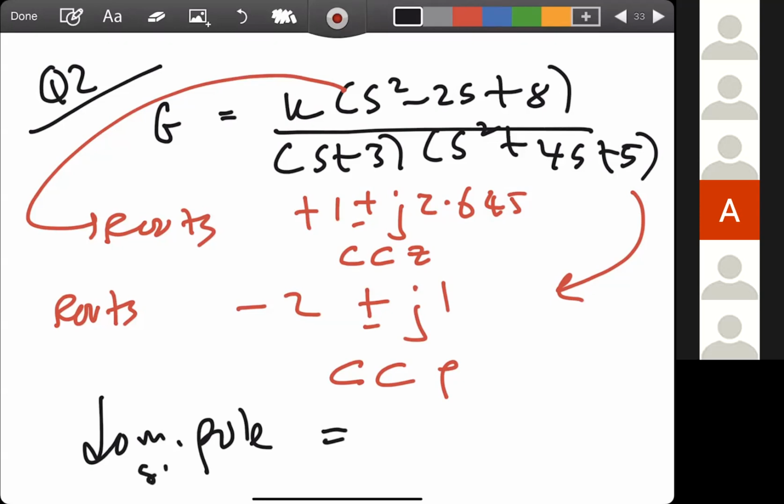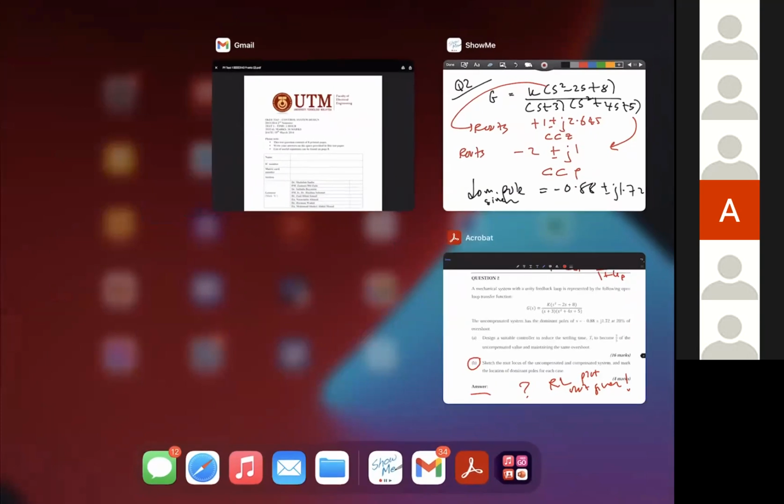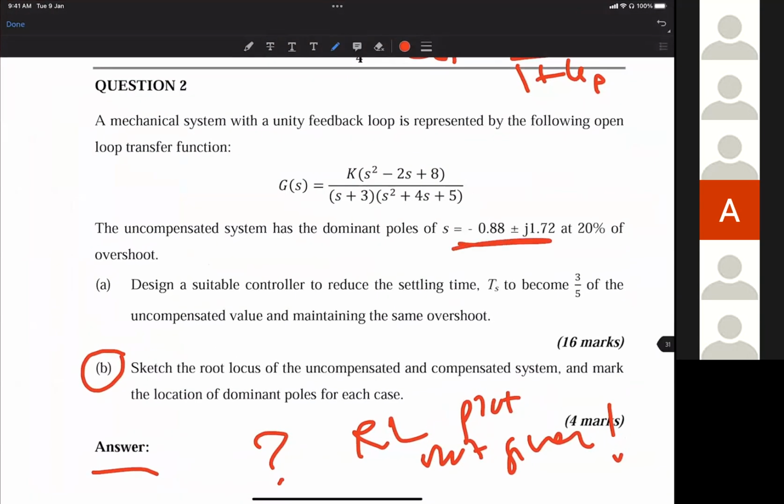Dominant pole is given: minus 0.88 plus minus J 1.72. Okay, given 20% overshoot.